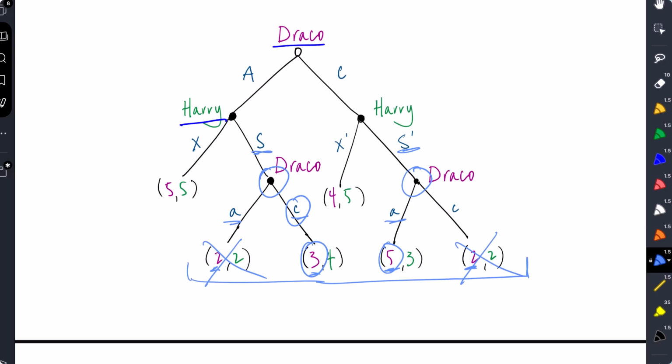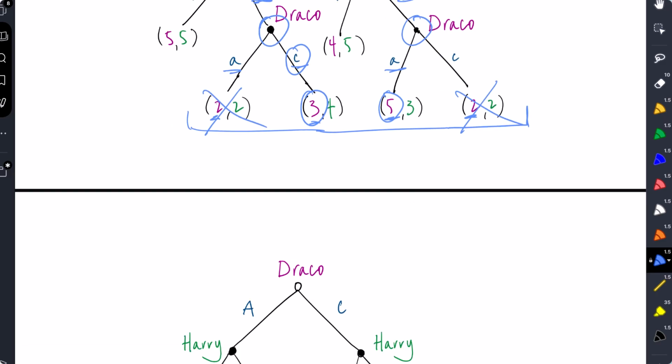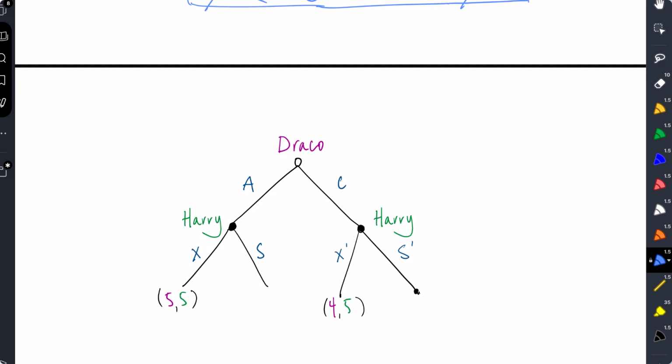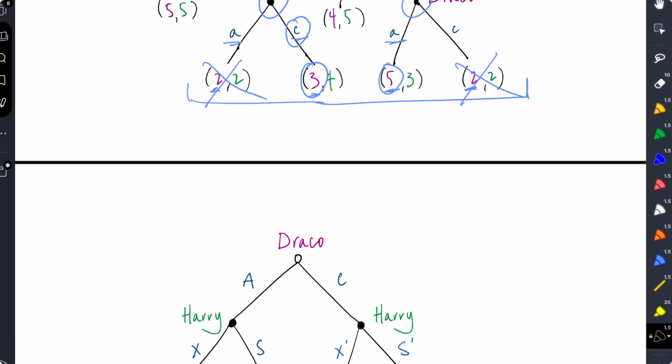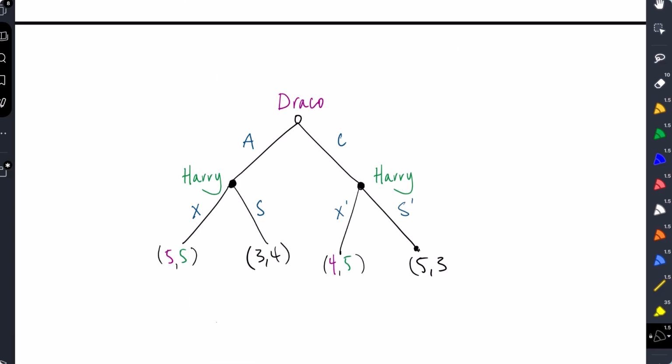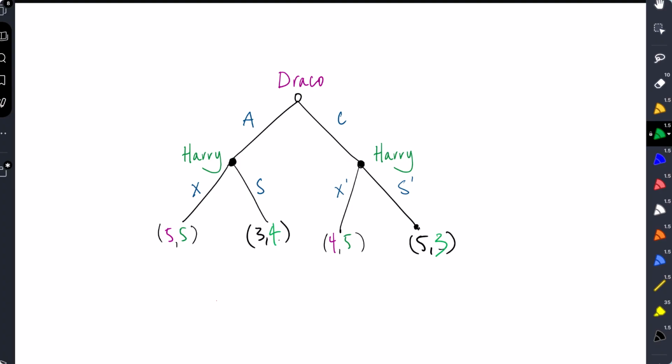So therefore, our game, in effect, reduces to this one. Okay, so the value of each outcome for Harry is the second number in each set.